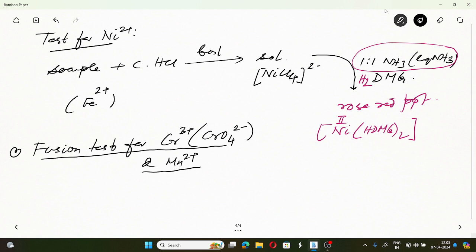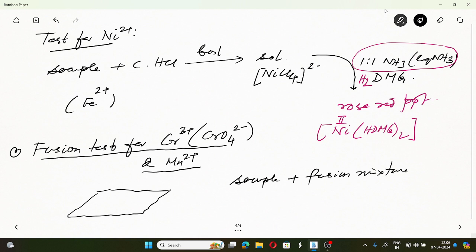You have to perform the fusion test in a mica foil. You actually take a mica foil. See these mica foils, they are available in the lab. Now in this mica foil you add the sample plus fusion mixture will be provided, and fusion mixture should be taken in slight excess, plus one bead of sodium hydroxide.